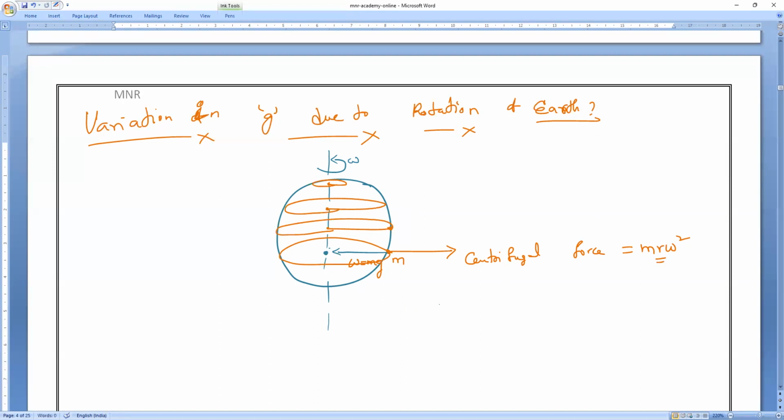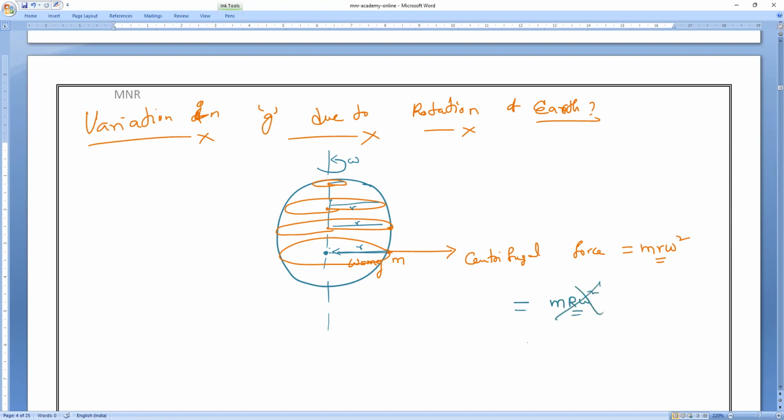Here to here, r is small r. Here to here, r is another r. Here to here, another r. Do you think all these r's are equal? No. So that is why r does not remain constant. So we are not supposed to write capital R.